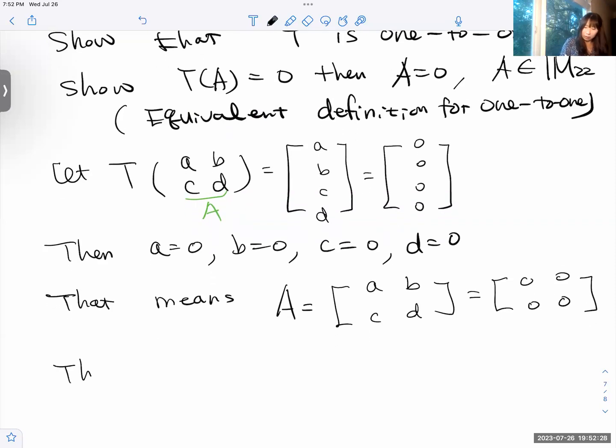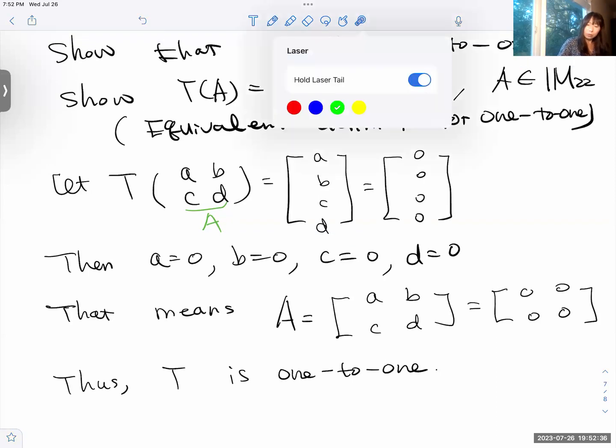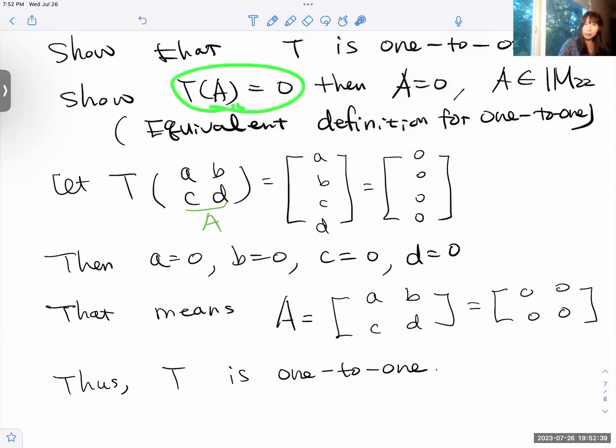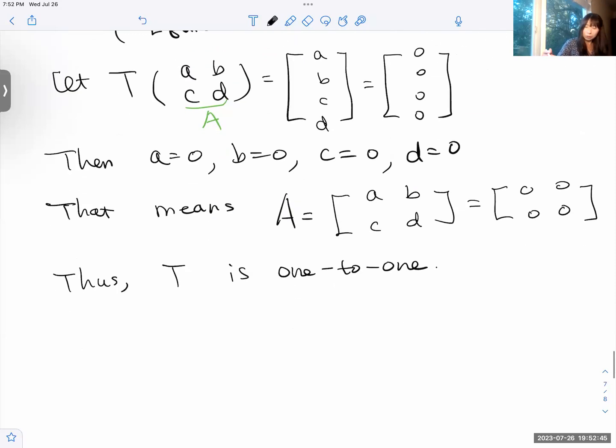So thus T is 1-to-1, right? Because we set this up and then we wanted to show A equal to 0, right? All right, now T is onto.